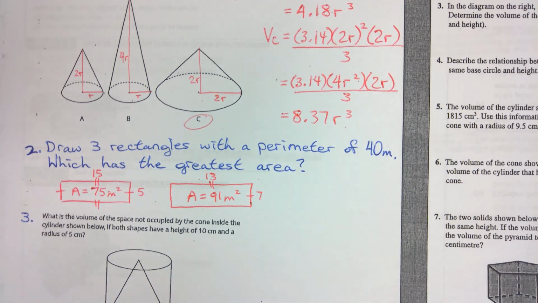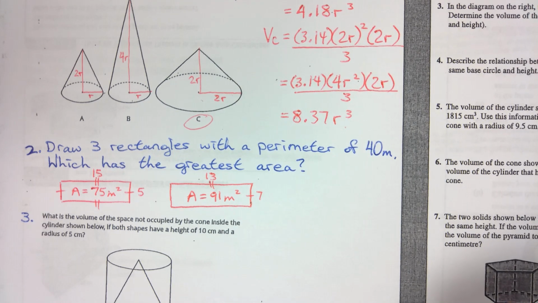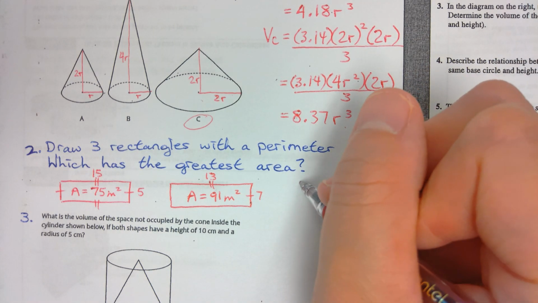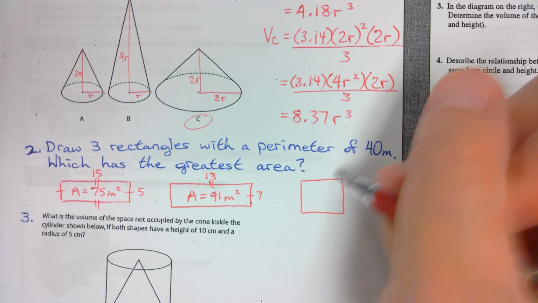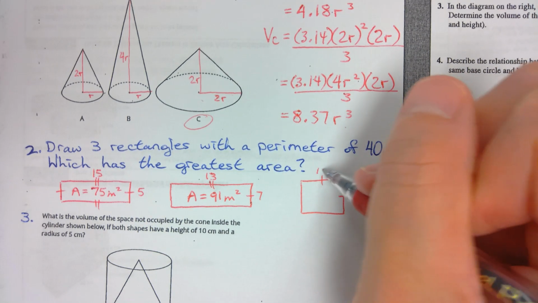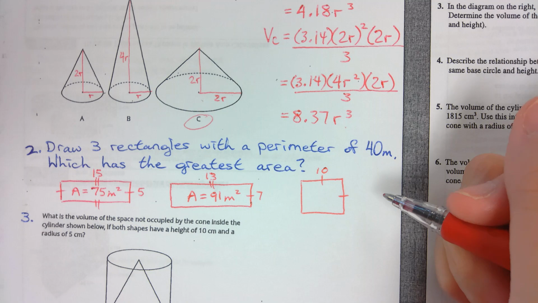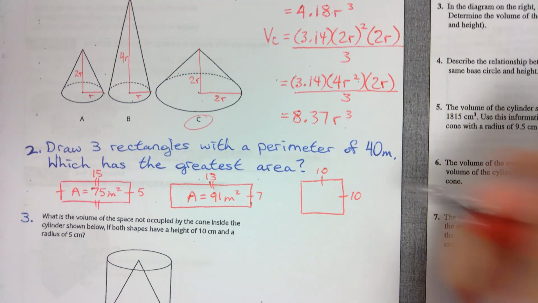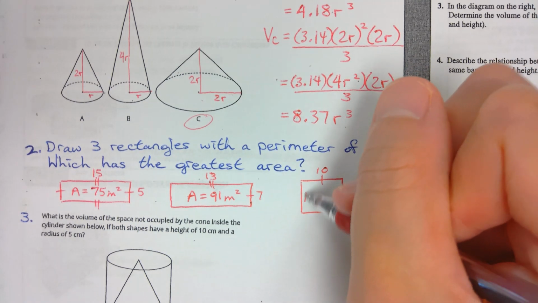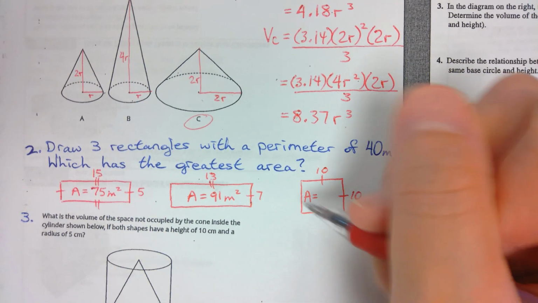I'm looking for one in particular. 6 and 14, okay, but I'm still looking for one. 18 and 2. Okay. Yeah, all those are good. 10 by 10. That's right. Is a square a rectangle? Yes, but a rectangle is not a square. Okay. 10 plus 10 plus 10 plus 10.